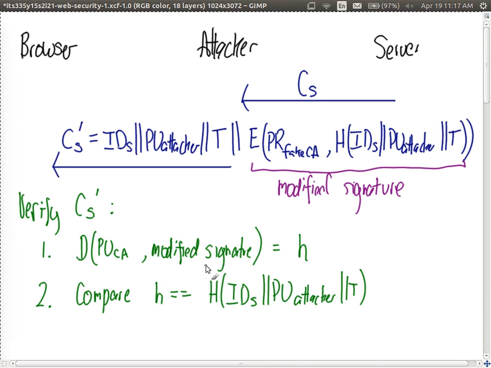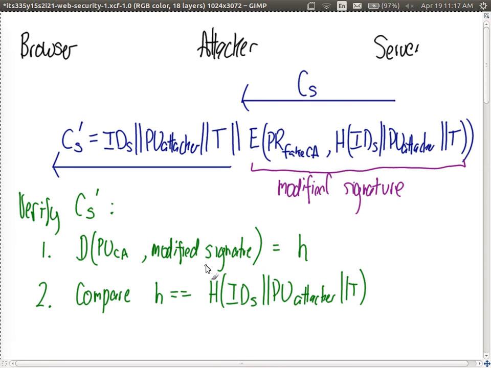Private key or the fake one doesn't match the key that used to open it. Correct. The private key used to encrypt does not match the public key used to decrypt.